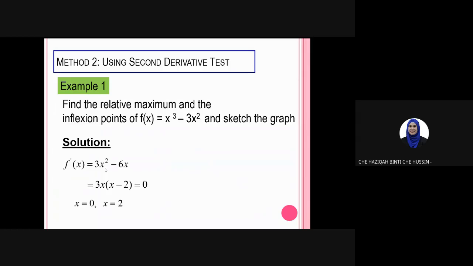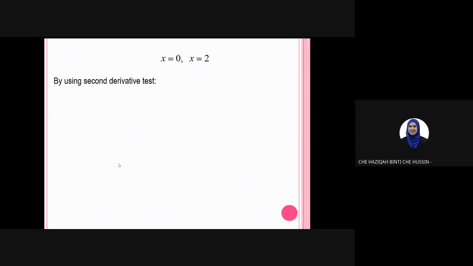We differentiate x cubed minus 3x squared, so we get 3x squared minus 6x. Setting it to 0, x equals 0 and x equals 2. These are the critical points.